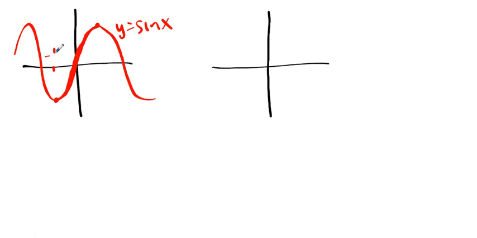This would be negative pi over 2, this would be pi over 2, this would be negative 1, and that would be 1. And then if I want to find the inverse of that function, it indeed will be a function if we restrict the domain in this way. And if you do that, then the inverse sine function looks like this.